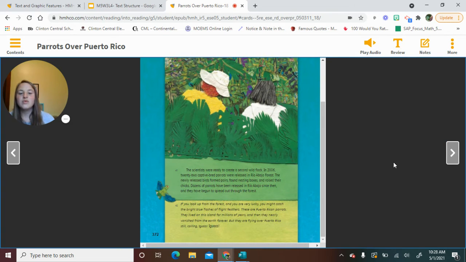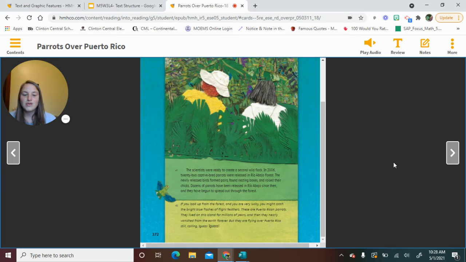The scientists were ready to create a second wild flock. In 2006, 22 captive bred parrots were released in Rio Abajo Forest. The newly released birds formed pairs, found nesting boxes, and raised their chicks. Dozens of parrots had been raised in Rio Abajo since then, and they have begun to spread throughout the forest.